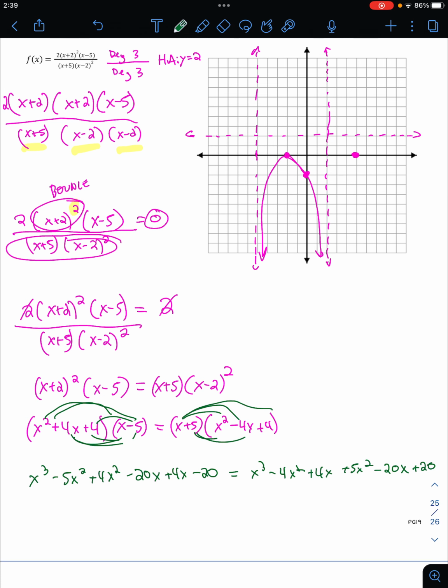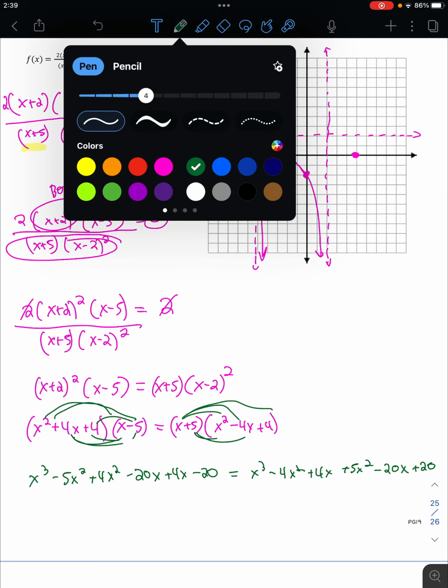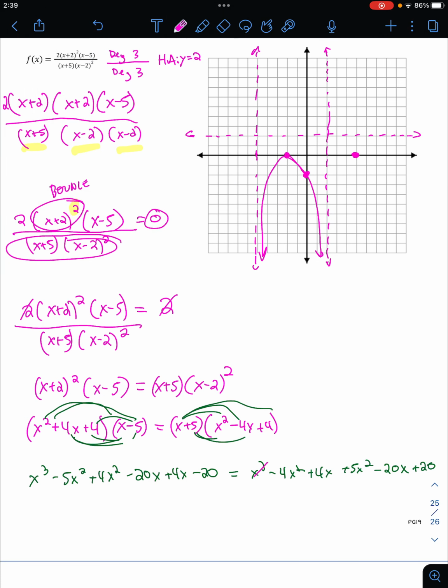So I could combine like terms as much as I like, but I'm going to cancel everything that's on both sides. So x cubed, gone. Minus 20x is gone. 4x. I mean, when I say gone, it's because I can subtract x cubed from both sides, I can add 20x to both sides, and I can subtract 4x from both sides.